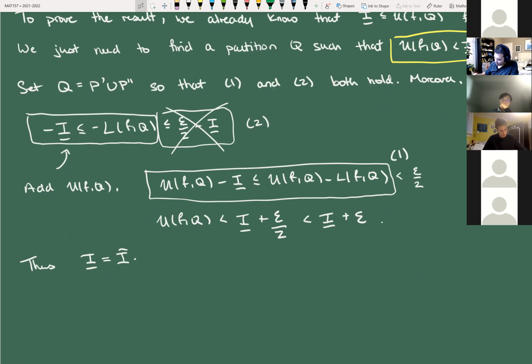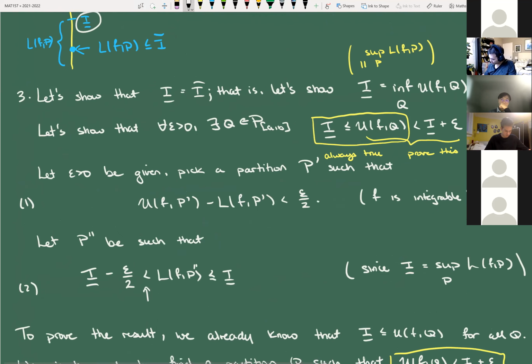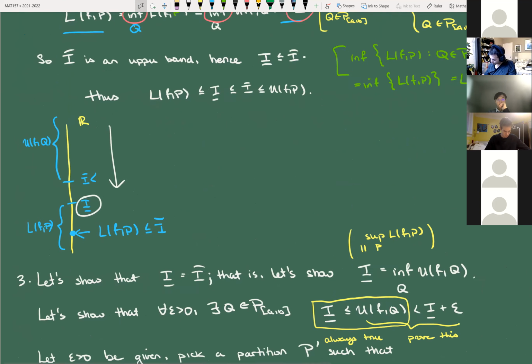So this is equal. Now, by definition, if the integral of f is equal to I lower bar, which is equal to I upper bar, then we said before, so where did I write that? Right here.